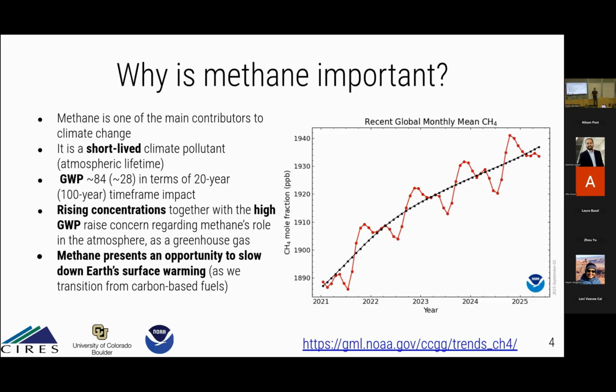So let's start by tackling the first question. Why is methane important? Methane is super important because it is one of the main drivers of climate change. It is a short-lived pollutant compared to CO2. So its atmospheric lifetime is shorter than carbon dioxide. That's important. Its global warming potential is higher than that of CO2.